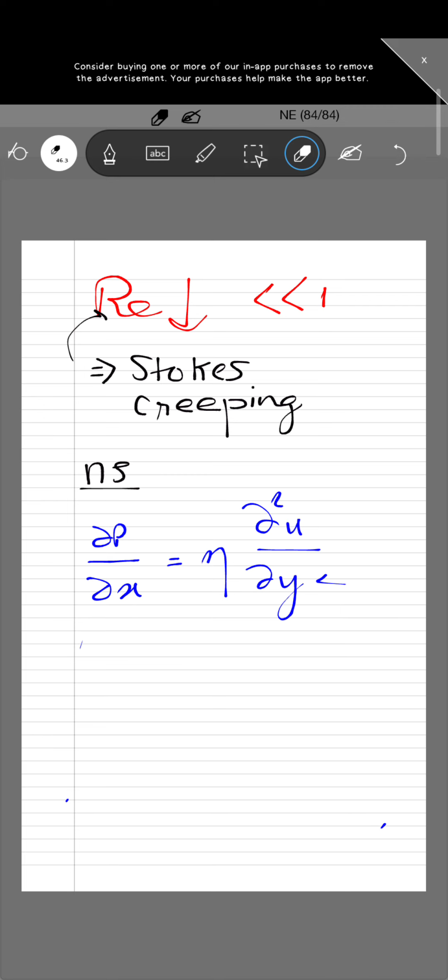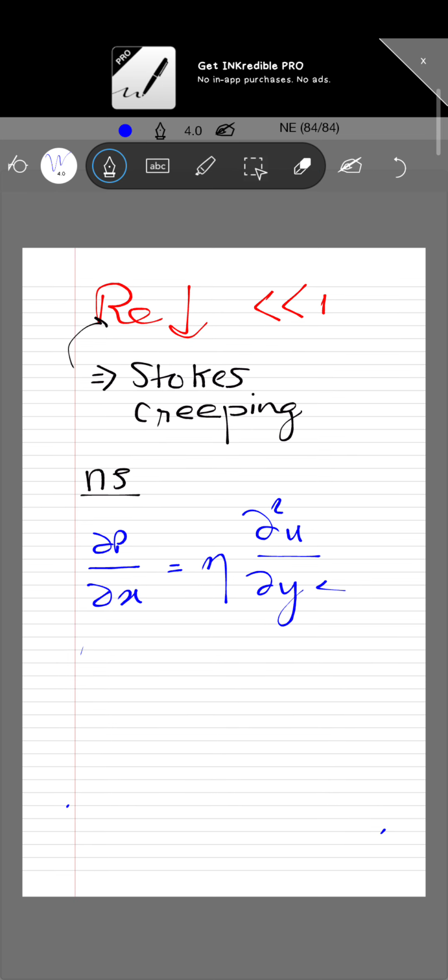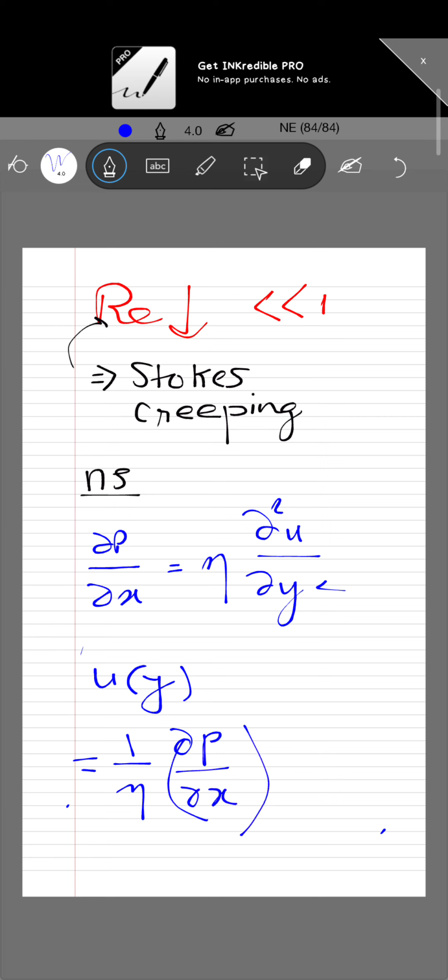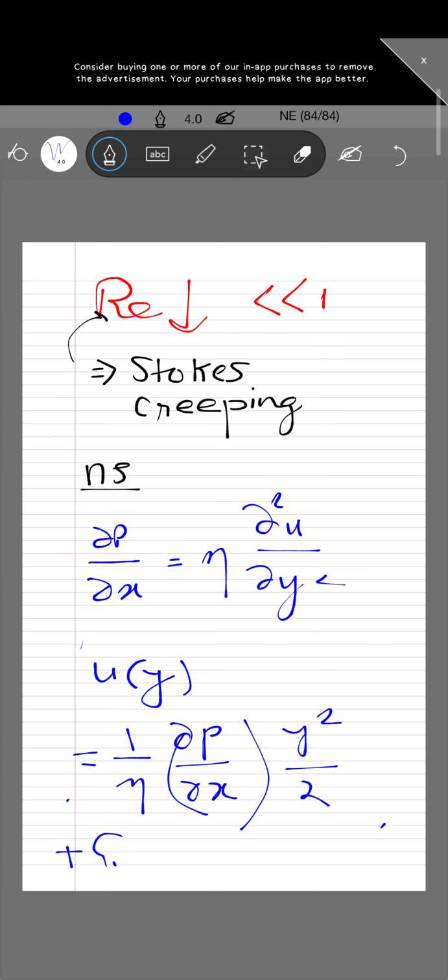Now, if the velocity is ultimately calculated from this, the velocity as a function of y, in the vertical direction, is equal to 1 by eta del p by del x into y squared by 2 plus c1 y plus c2, with two constants.